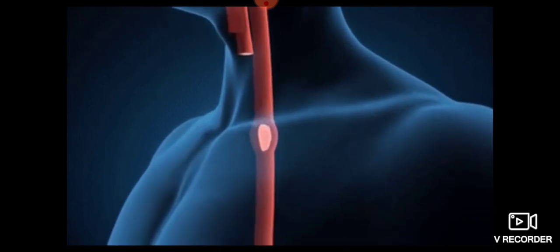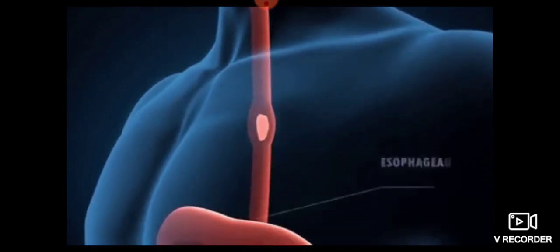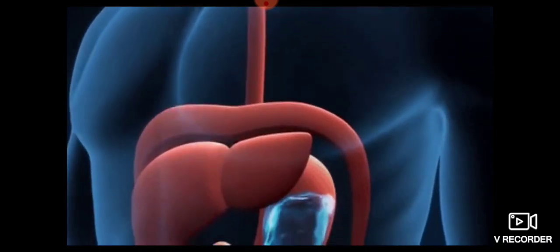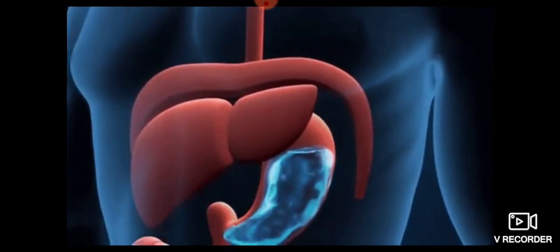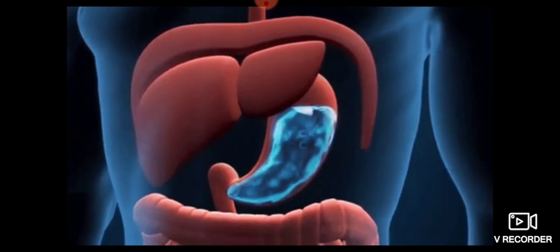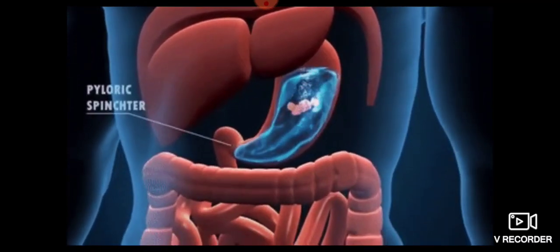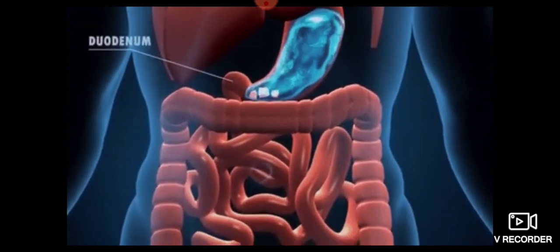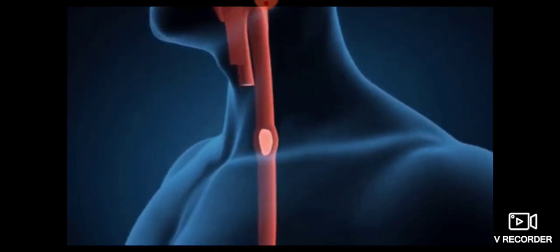See again here, the food is entering through the food pipe and it reaches the stomach. See here, inside the stomach some mucus, hydrochloric acid and digestive juices will be present.